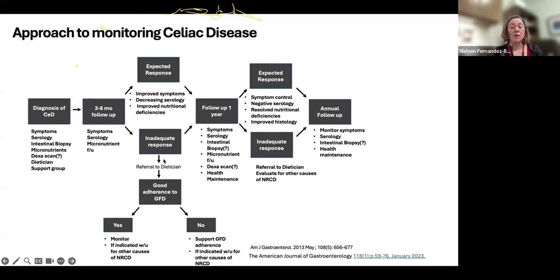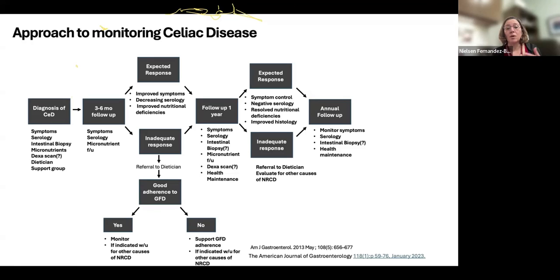Part of it is referral to a dietitian who has expertise in the gluten-free diet, to go over the diet with a fine-tooth comb, trying to figure out, is the patient getting exposed to gluten? And in the absence of that, then we look for other explanations for symptoms, and that might require some tests that may require repeat endoscopy.